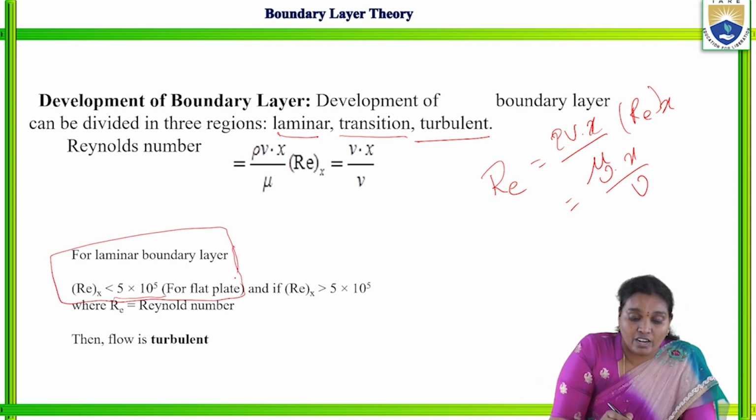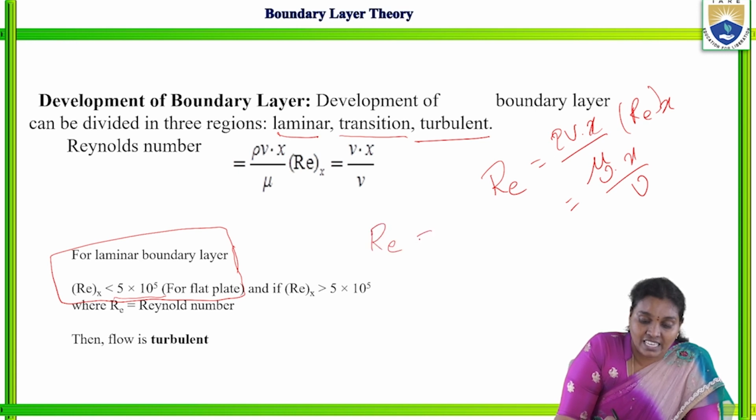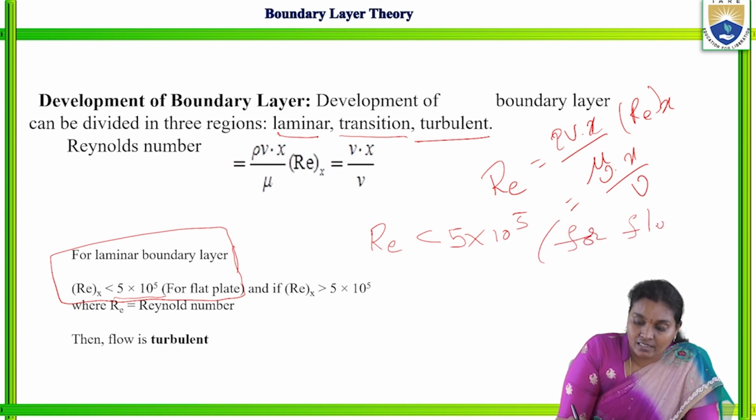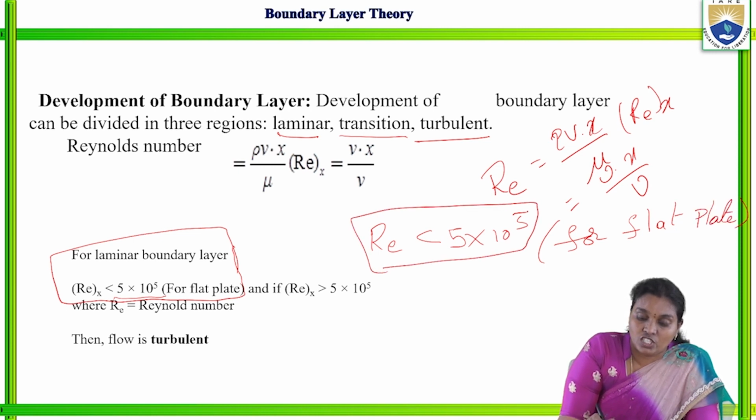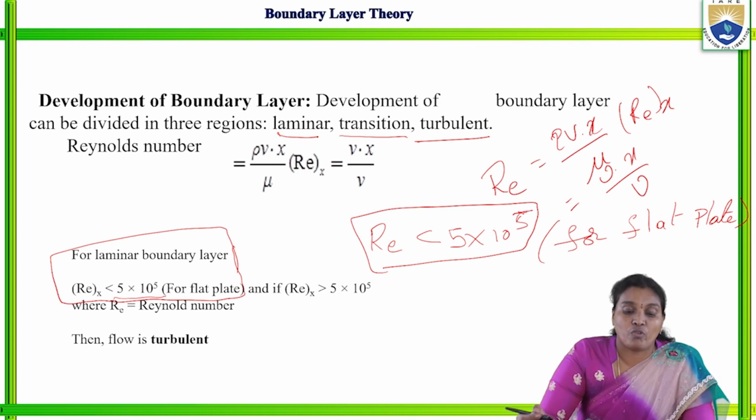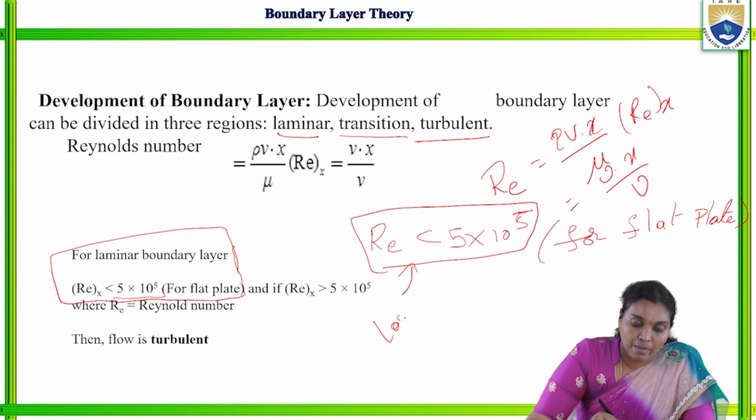Whenever the Reynolds number is less than 5 into 10 to the power of 5, that too for a flat plate, this condition belongs to the laminar boundary layer.